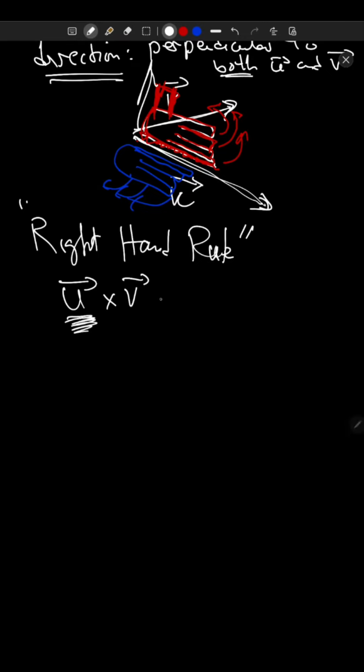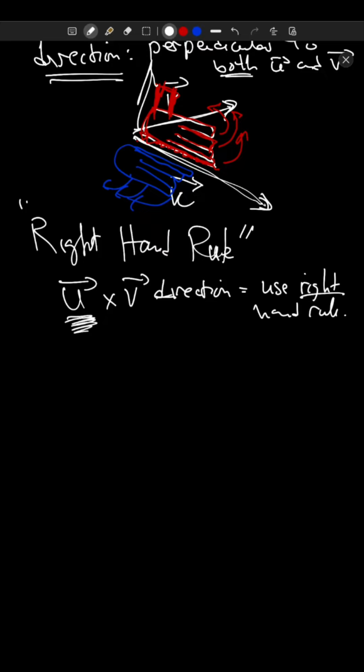Okay, so direction equals use the right-hand rule. It has to be the right hand. If you use your left hand, you're going to get the negative of the correct direction. If you do the exact same procedure with your left hand, you're going to get the opposite direction.